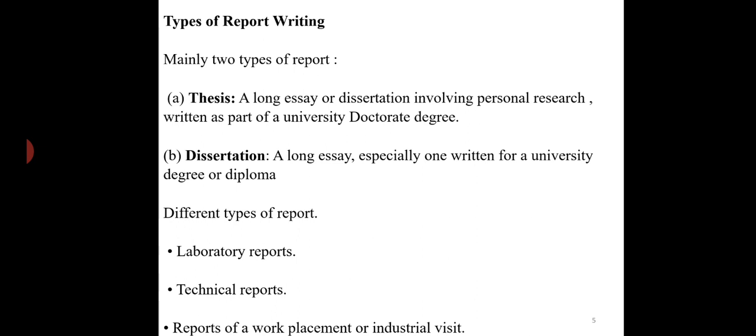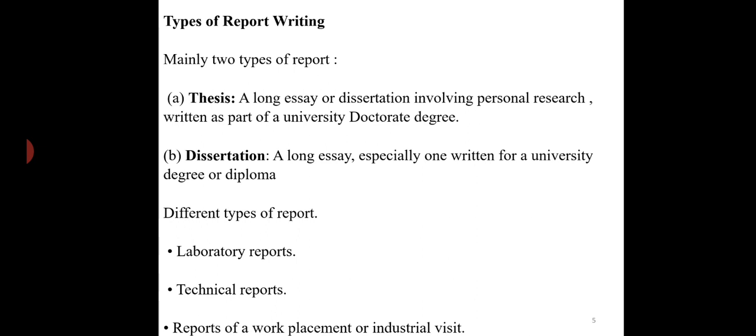Dissertation means this is also a long essay, prepared and submitted to the university for getting any degree or diploma. So this is the main difference between the thesis and the dissertation.